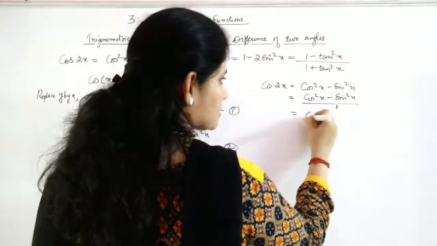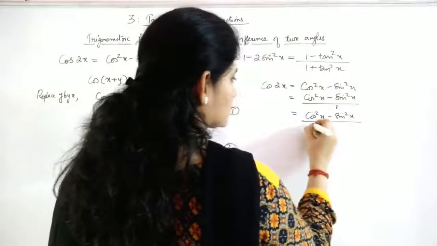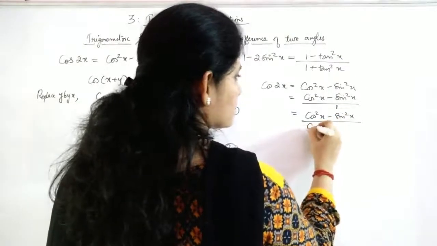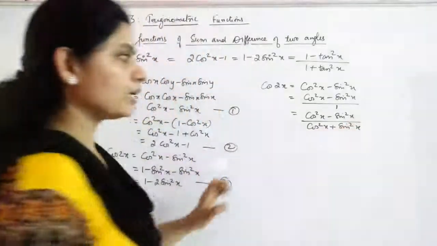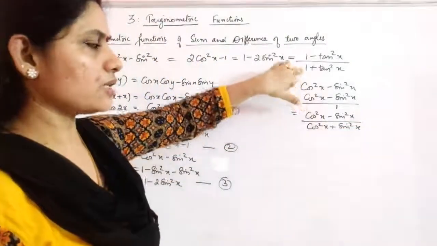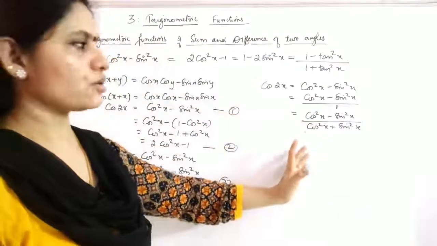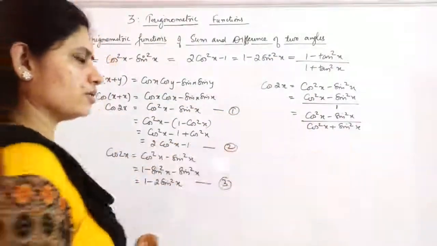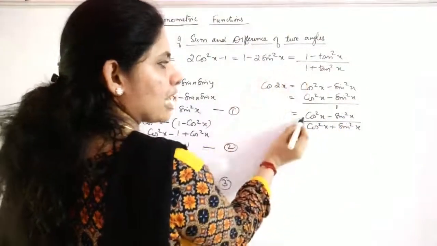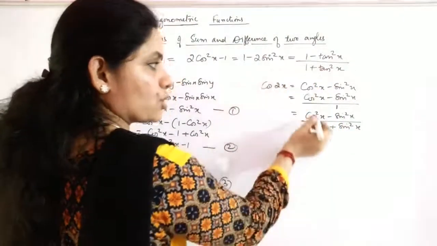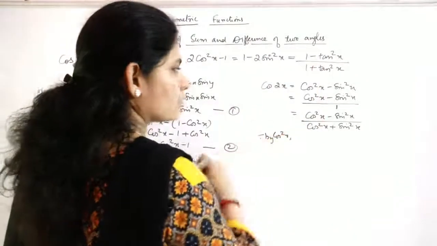So we are just replacing the value 1 with this, that is cos square x plus sin square x. Now why I am writing cos square x plus sin square x is that I need to get 1 in both the terms in here. So I have written cos square x first and then sin square x. Okay, now we can just tally from this. This term should be 1, which means we have to divide throughout by cos square x. So dividing by cos square x, what will we get?